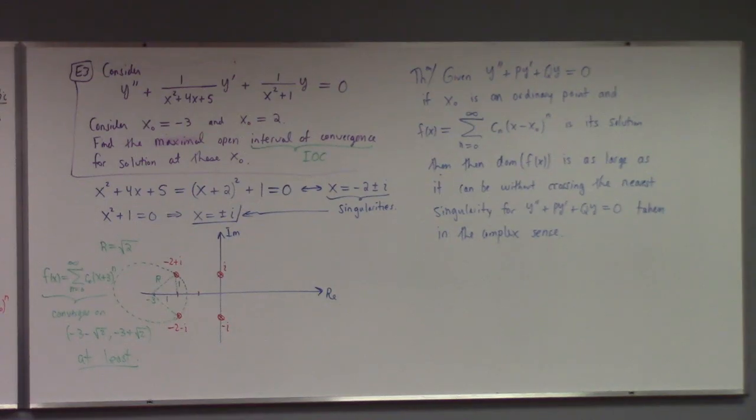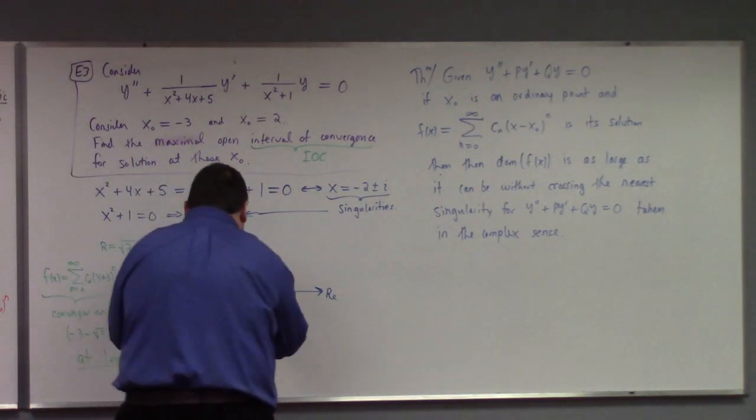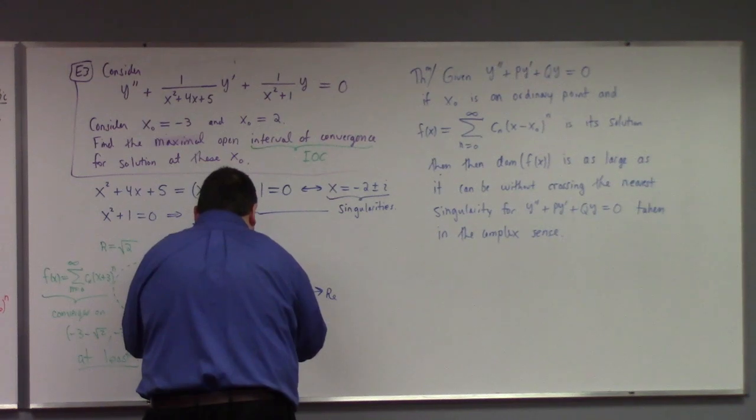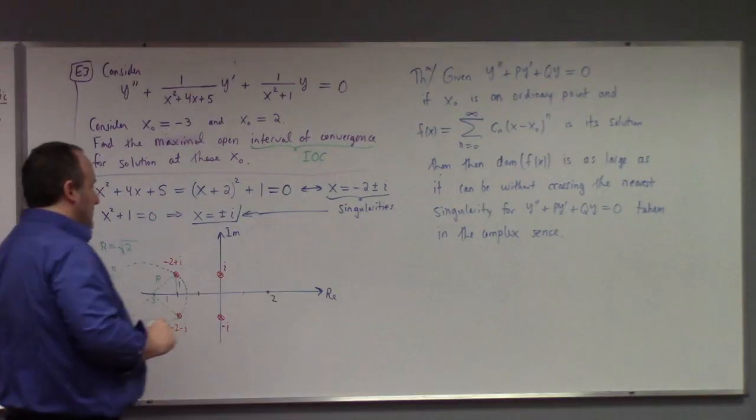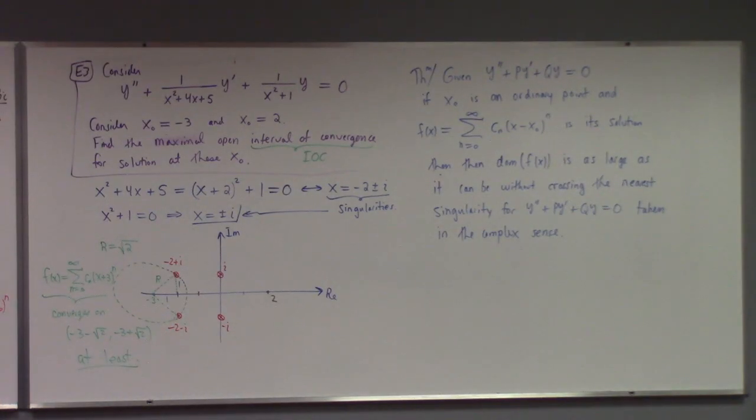Now the other point which was given was 2, so that's over here. Let me do it in a different color. Markers are suicidal. All right, over here, my other potential place to write the solution is at 2.